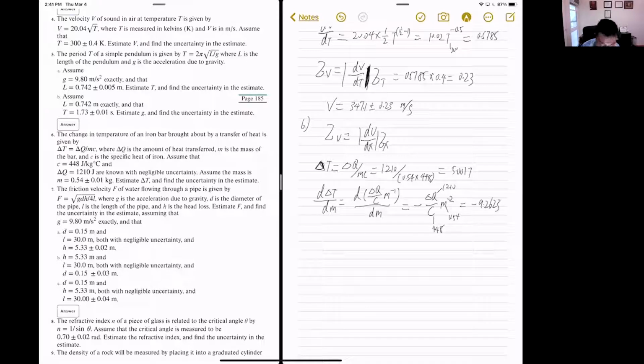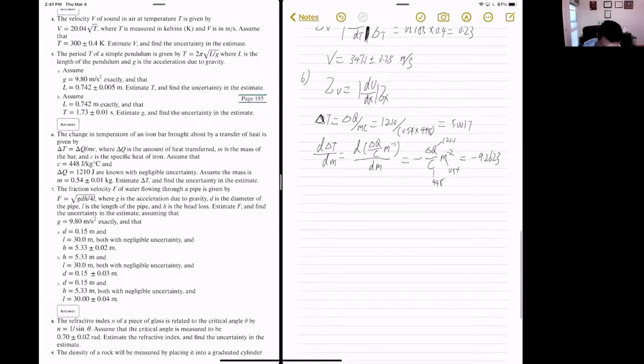9.2623. So based on the equation, sigma delta T is the absolute value of d(delta T)/dM times sigma M. So that is positive 9.2623 times sigma M. Sigma M is given, 0.01.